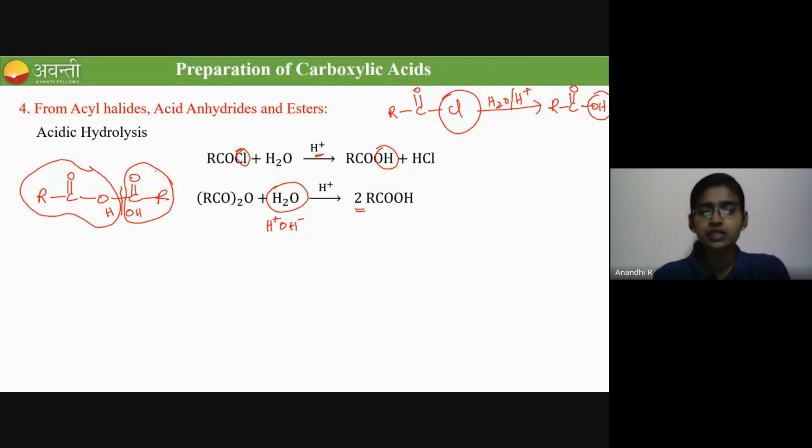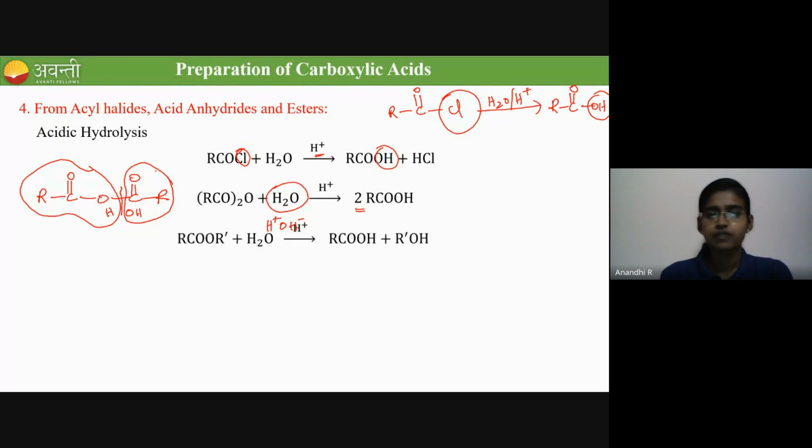And coming to the third reactant, which is ester. What is the formula for ester? It is RCOOR. Both the R can be the same or different. If different, then we can take one as R and the other as R dash.